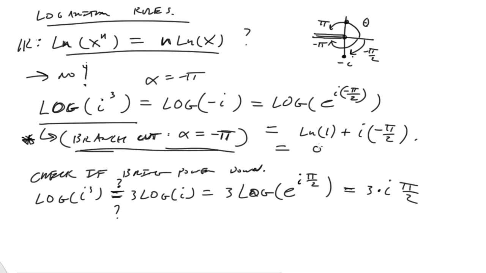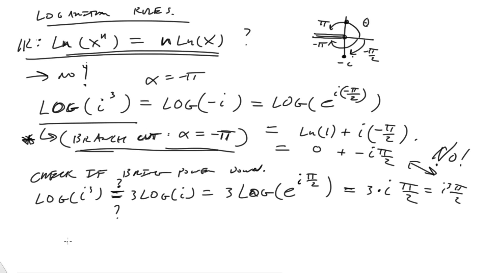Remember, this is 0 here, and that becomes negative I pi over 2. And this is 3 pi over 2 I. And it's clear that these two are not equal. So no, not equal. It turns out this property does not work in the complex plane. So we're going to have to be careful on how we use this stuff.